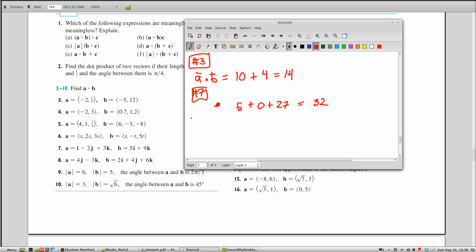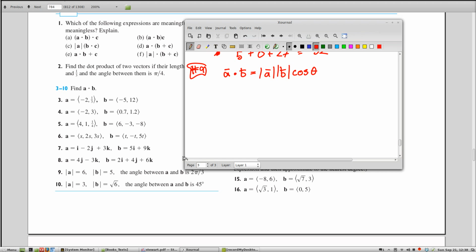And let's do number 9, because that looks like it actually takes some thought. So number 9, they're saying find A dot B. And in general, this formula is proved in the section, and you have to know this. This is the way physicists define dot product.